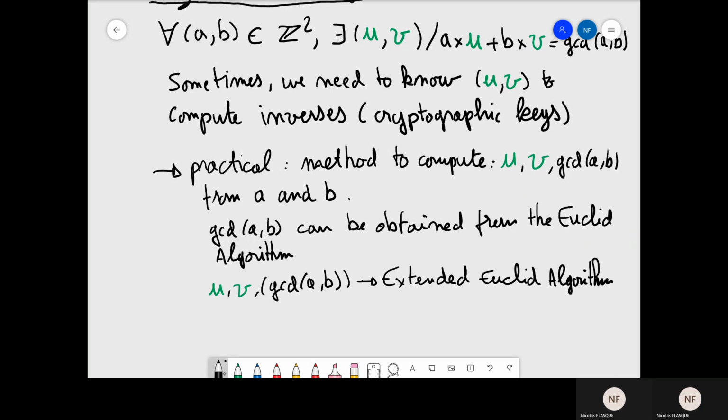So this will be part of the next video: how to compute a couple of coefficients u and v and the GCD, because it's also part of the algorithm, from the values of a and b.